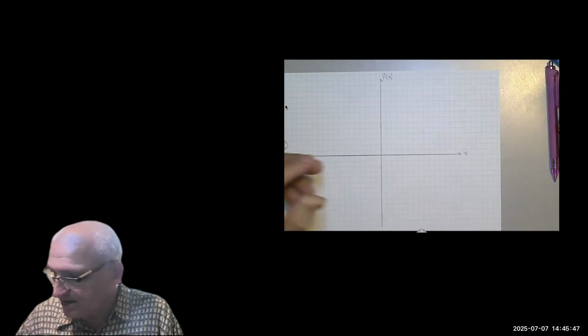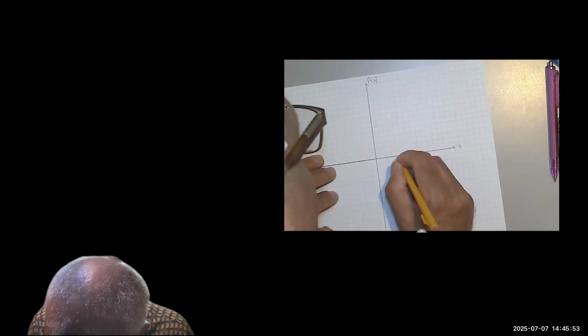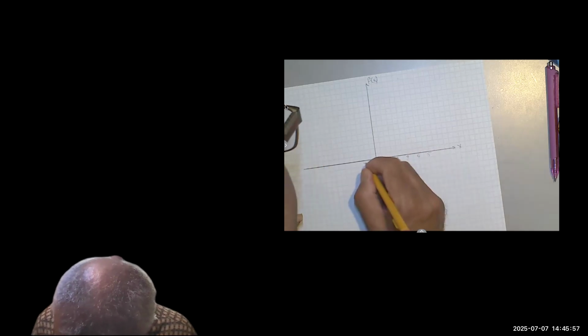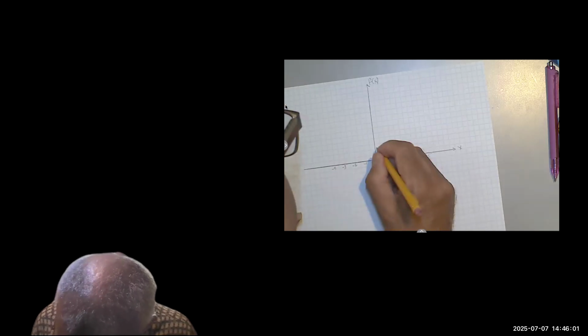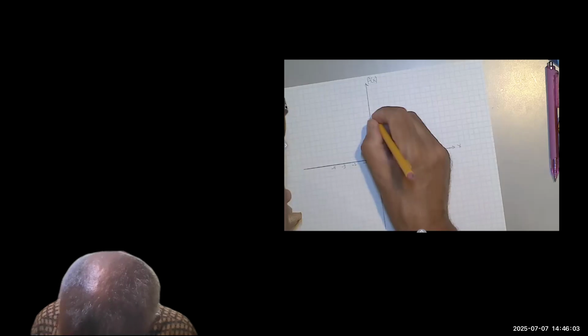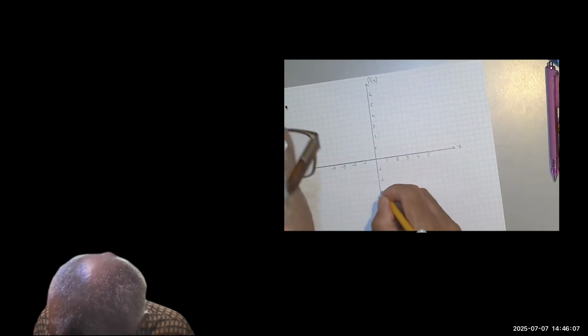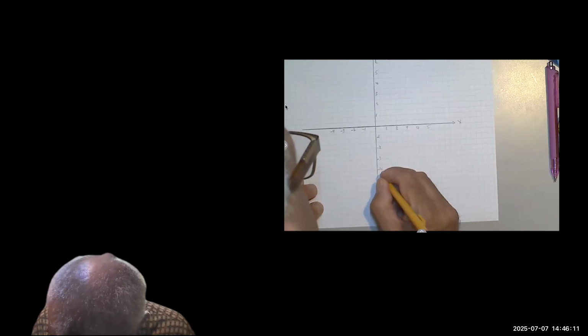We said the horizontal asymptote is at f of x equals 1. So let's mark 1, 2, 3, 4, 5, negative 1, negative 2, negative 3, negative 4 on each axis, so that I see the numbers. I don't do like last time. Oops.